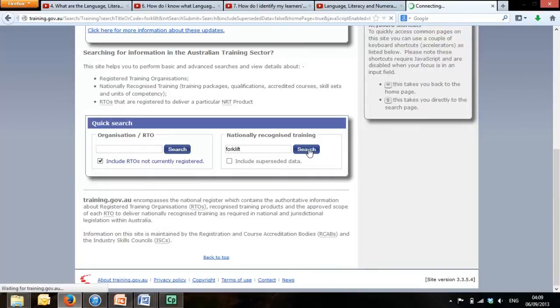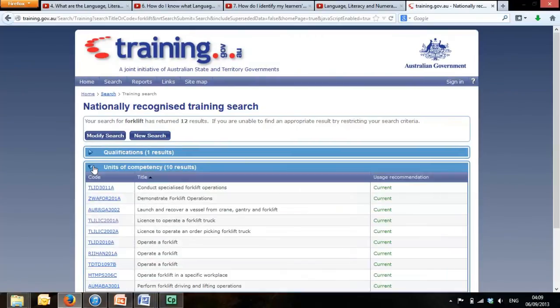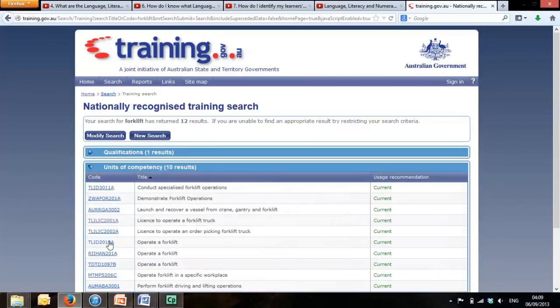And we'll look at any qualification and unit of competency around that. So license to operate a forklift, because we are experts in the industry, we know that we can find that under units of competency. Just single click, it seems to like. And it will be this one here. License to operate a forklift truck.